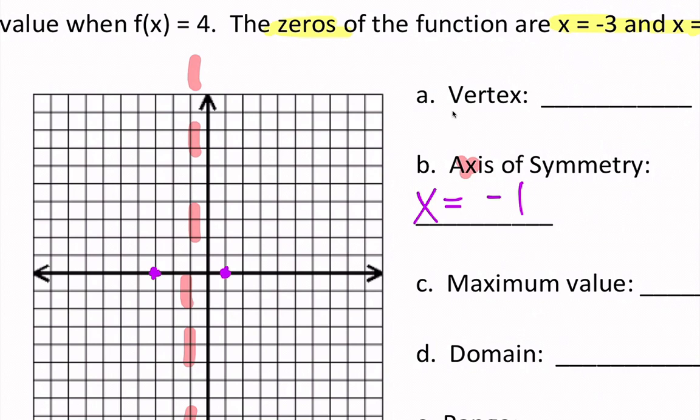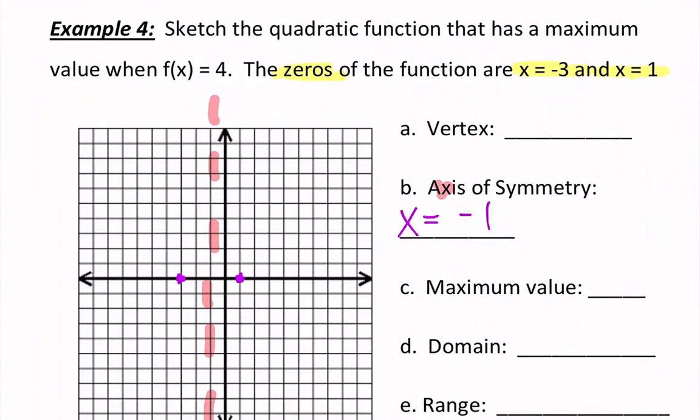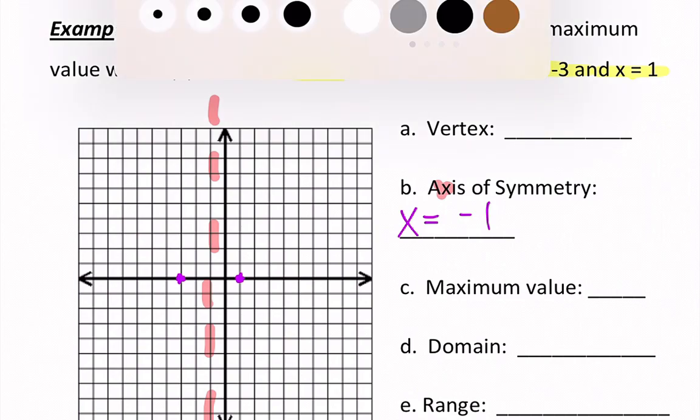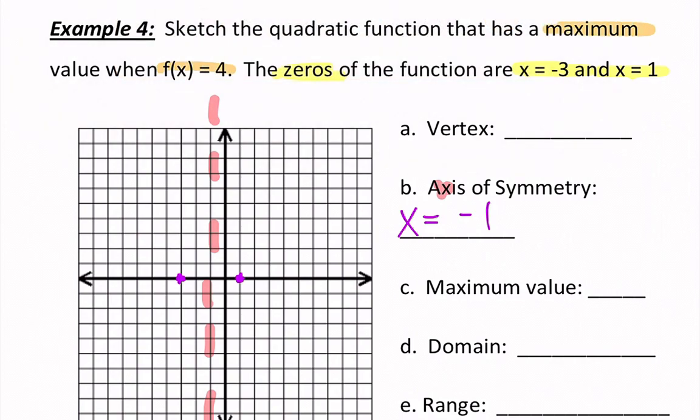Okay, so what we learned about a vertex is that our vertex will land on top of our axis of symmetry. So the vertex has to be on top of this somewhere. Okay, another clue that they gave us is that we have a maximum when y is equal to 4.